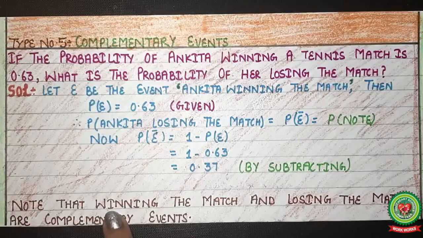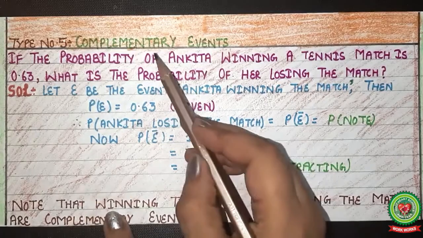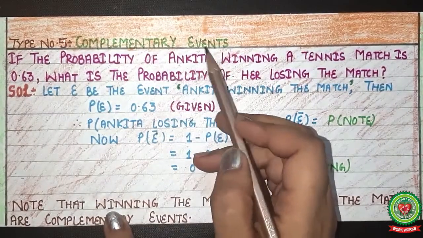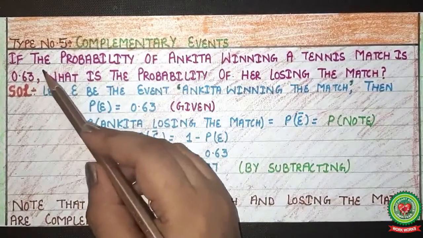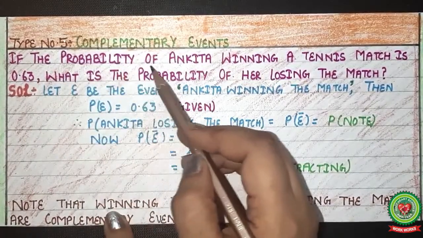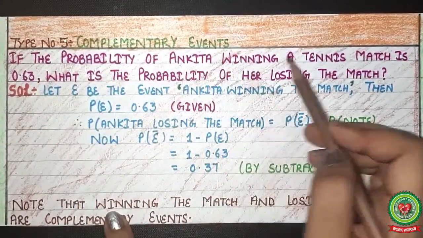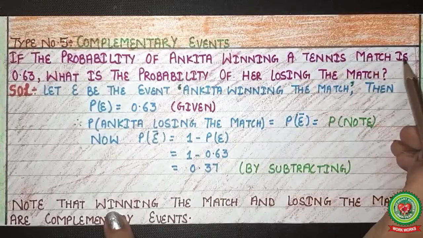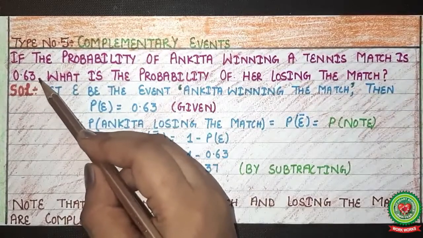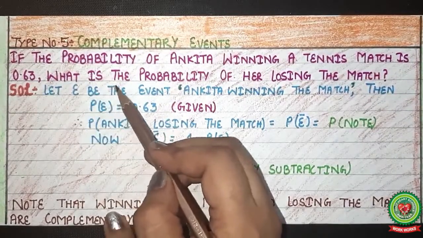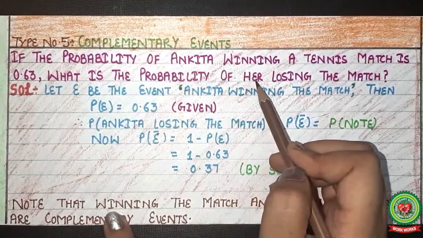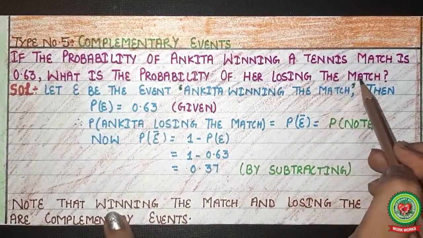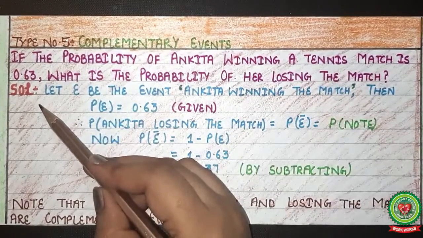Now, let us discuss a question related to complementary events. The statement is: if the probability of Ankita winning a tennis match is 0.63, then what is the probability of her losing the match? Now start with the solution.